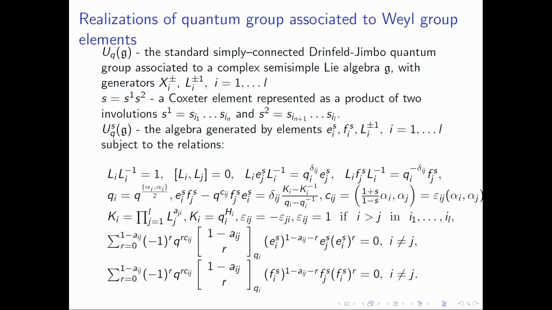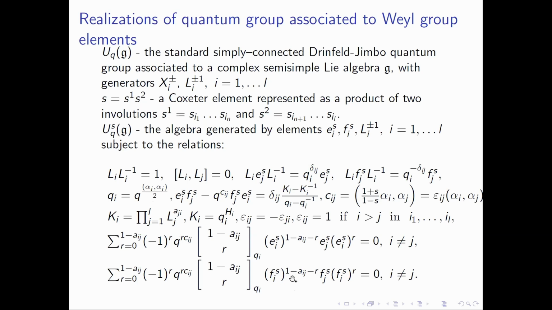Those round brackets denote just the scalar product on the Cartan algebra. What's essential here is the appearance of these coefficients in front of the q-binomial coefficients.